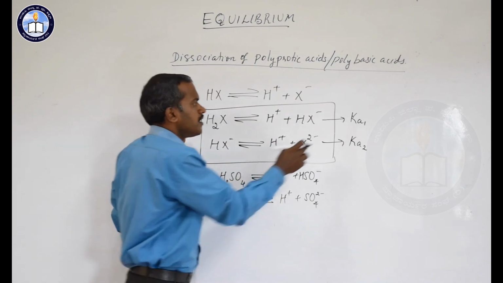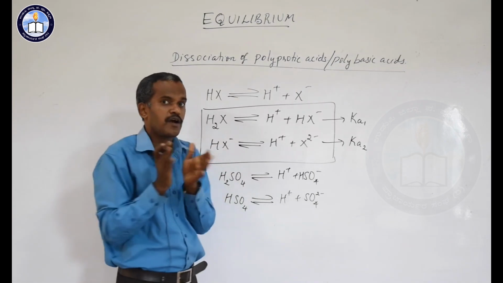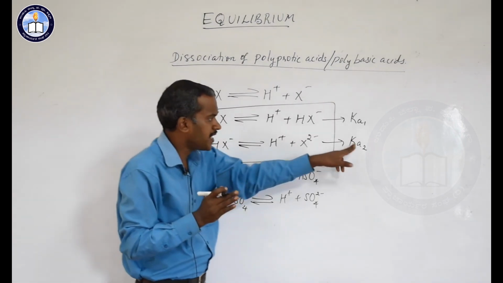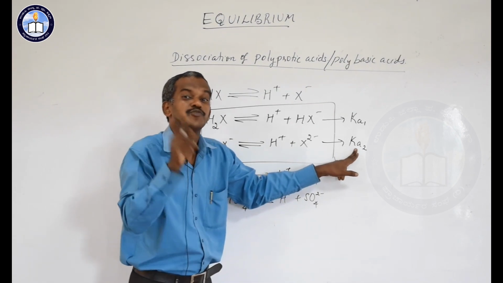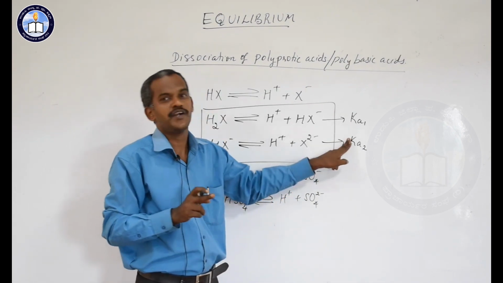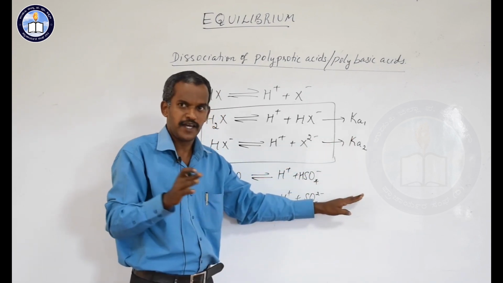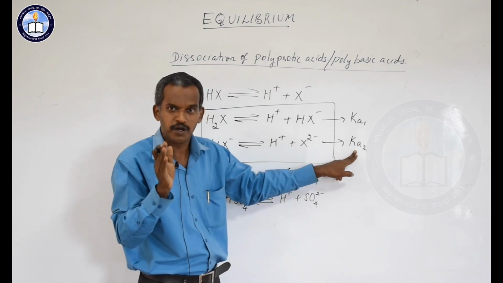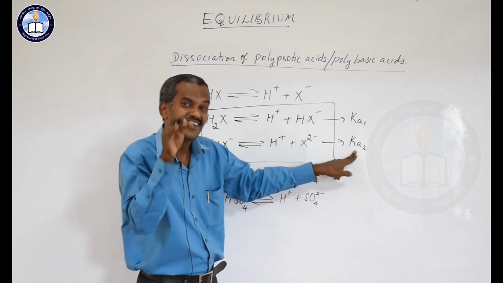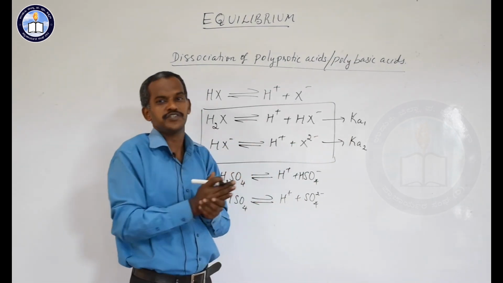So here Ka1 and Ka2, if you compare, simple concept you have to remember. The higher order dissociation constants are always smaller than lower order dissociation constants. Remember, Ka3, Ka4, the higher order of dissociation constants are always smaller than the lower order dissociation constants.